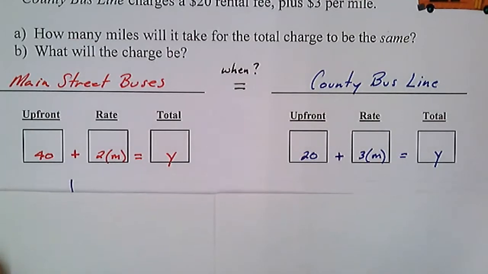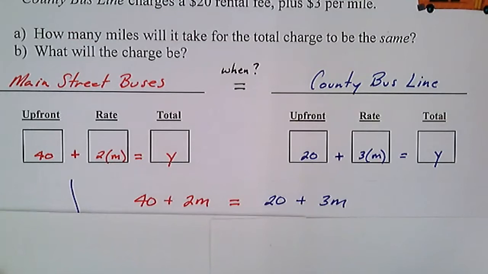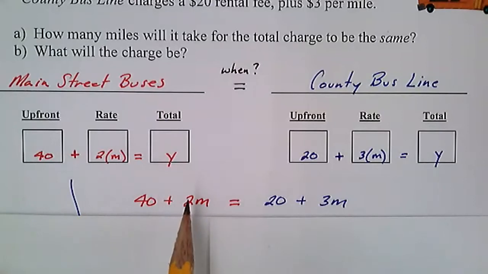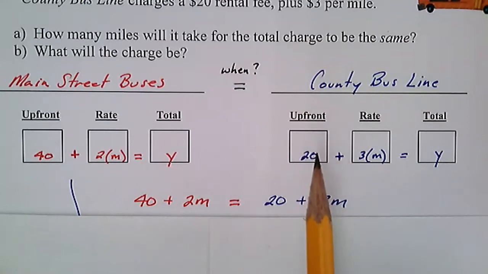So I'm going to bring this down right here. Don't worry about this line, that's for something else. I'm going to take 40 plus 2 times the number of miles, and I want to find out when it will be equal to an upfront cost of 20 plus $3 per mile.